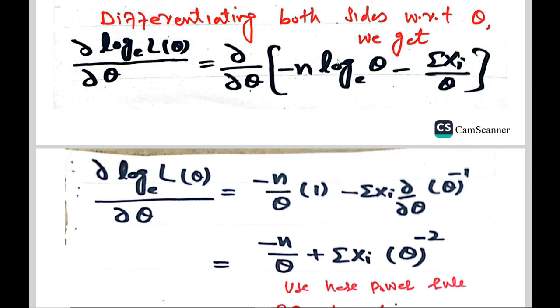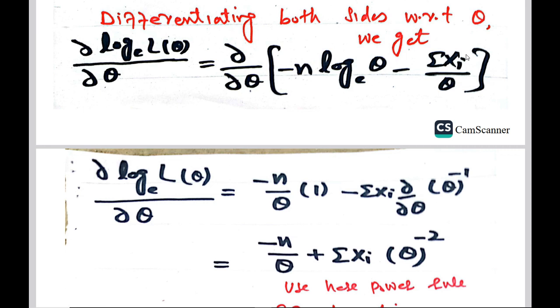Then minus the sum of xi times the partial derivative of theta power minus 1, because the sum of xi is a constant term with no involvement of theta, so we take the constant outside the derivative.